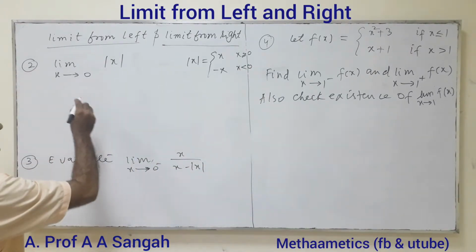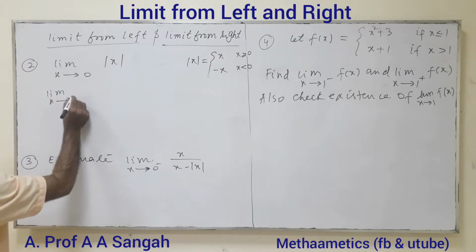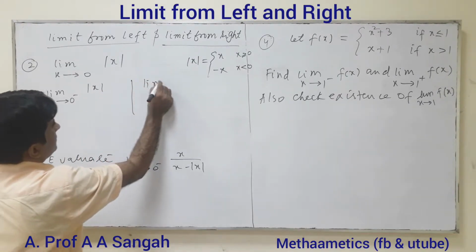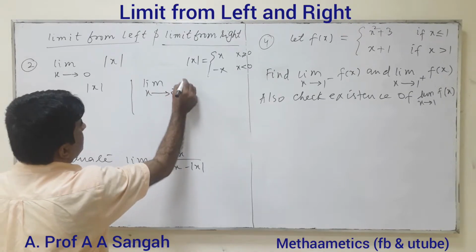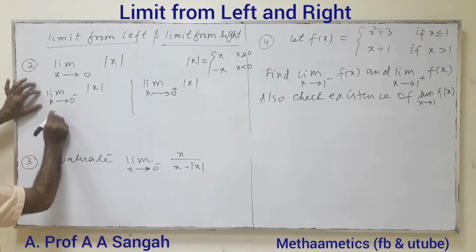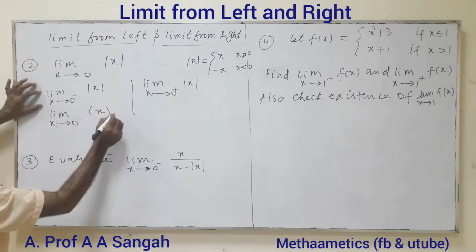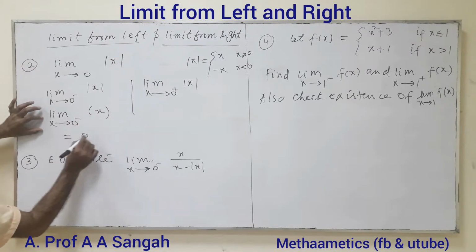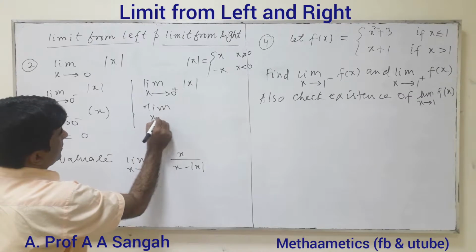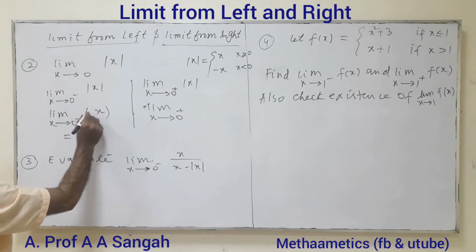So let's find this limit, x tends to 0 from the left hand side and limit x tends to 0 from the right hand side of this function. For the right hand side we have x, limit x tends to 0 from the right hand side, applying the limit we get 0. And here, limit x tends to 0 from the left hand side, we have minus x.